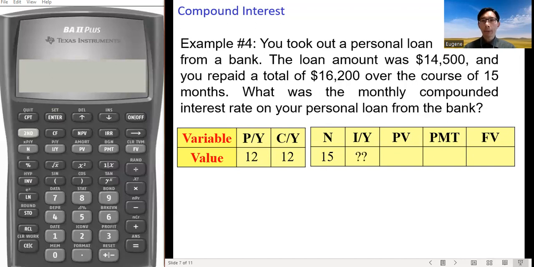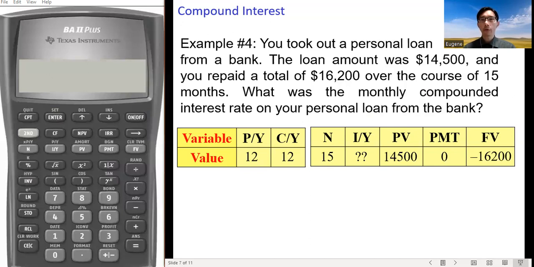IY, we need to compute it. PV is 14,500. This is the loan amount, we receive this amount at the time of the borrowing. PMT is 0 and FV is negative 16,200. We need to repay it.